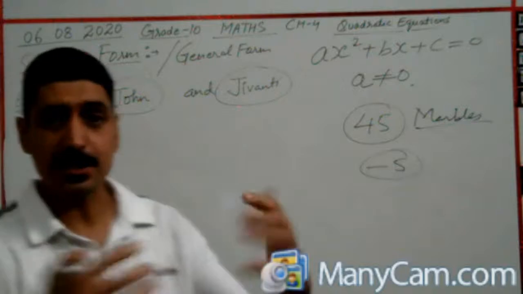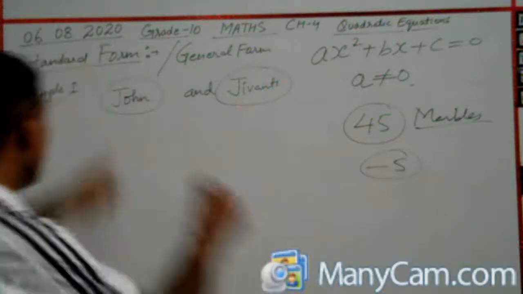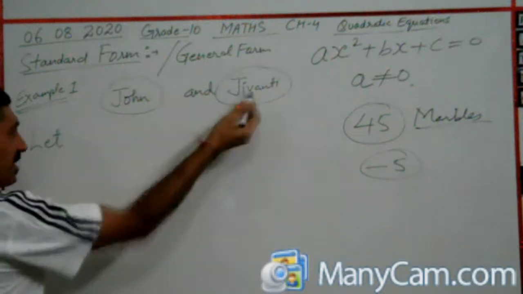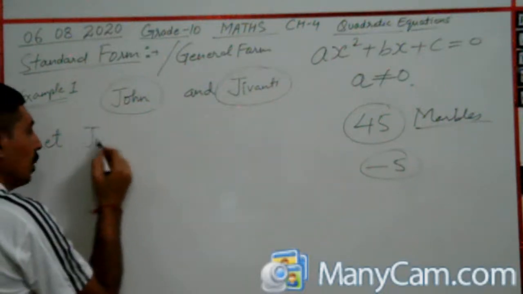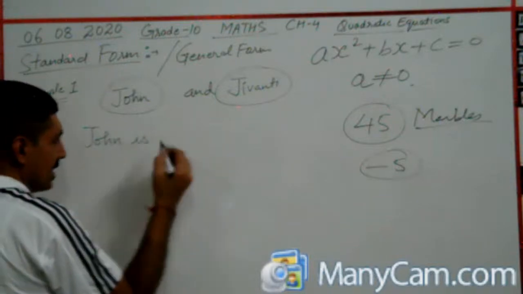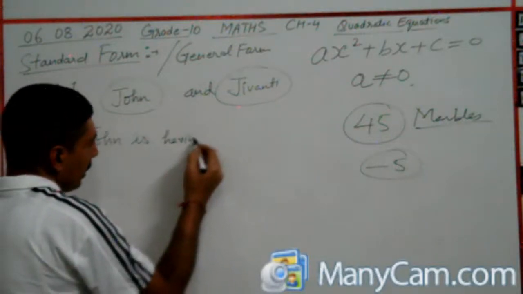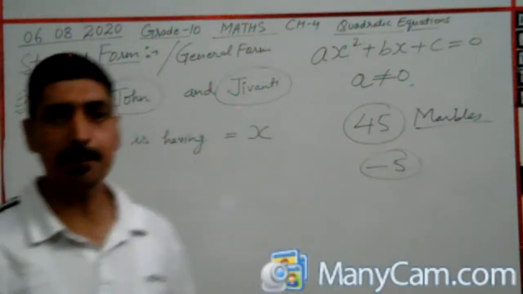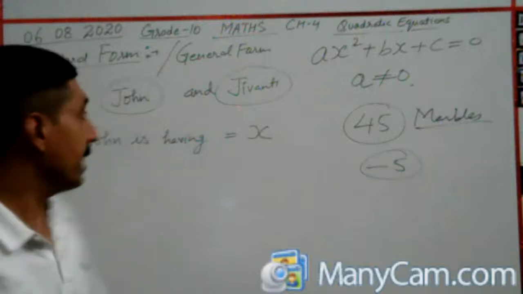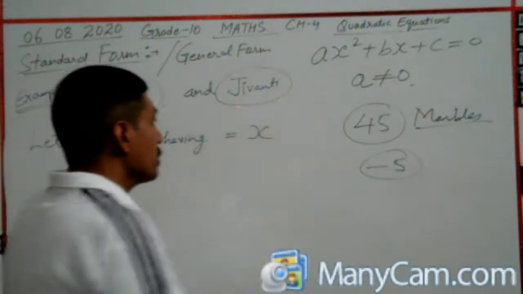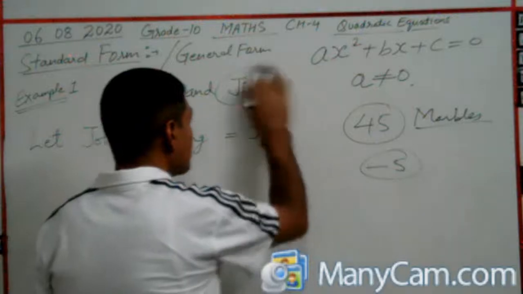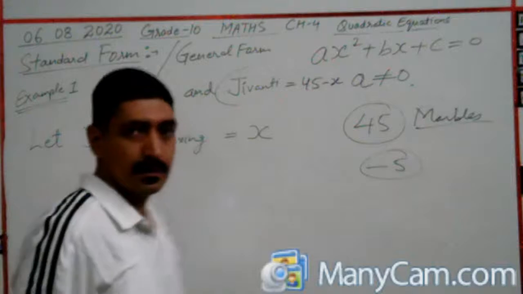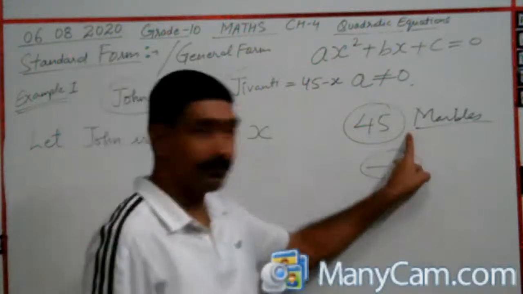So let's understand here. Let John have X number of marbles. Then Jivanti will have the marbles equal to 45 minus X, since their total is 45.